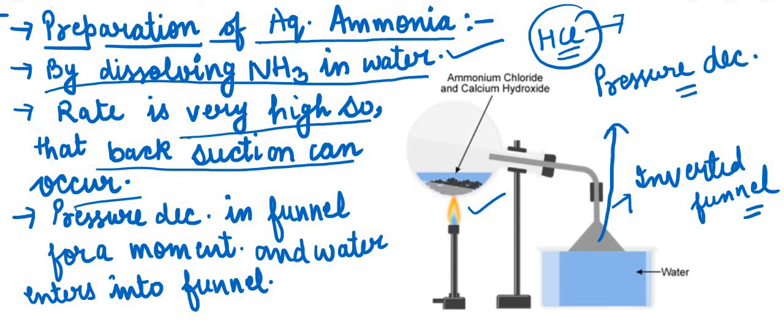As the pressure decreases, the water molecules start moving into the funnel part. The water molecules start going up into the funnel, and then in the next moment, what happens when the water molecules are moving into the funnel? The funnel will rise a little. The rim of the funnel that was present at the water will go slightly upward, okay? Because now it has filled up with water, it has become heavy, so it will go a bit upward.